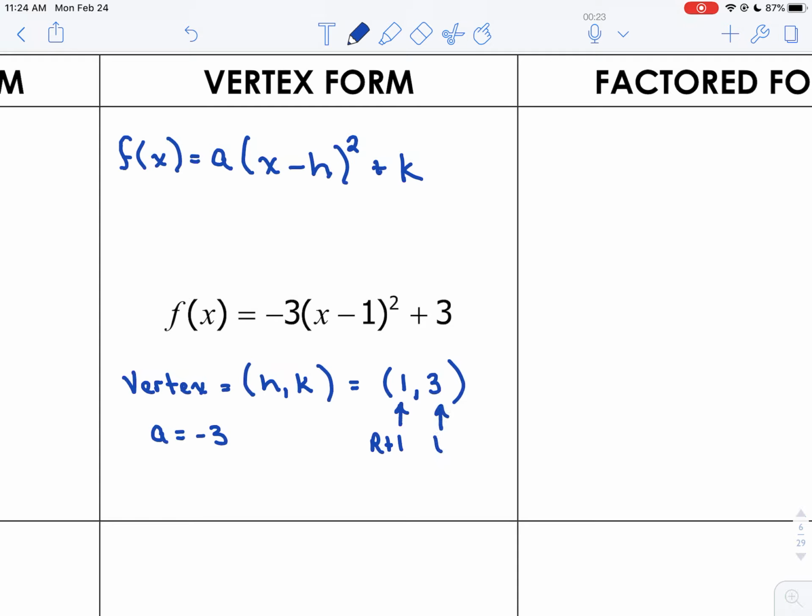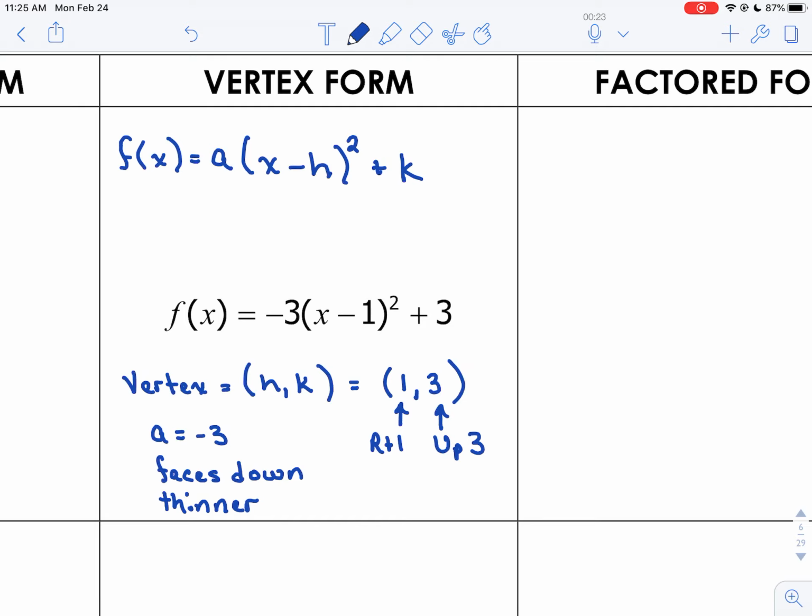This value here tells us that we moved up 3. And for this a value, the negative portion tells us that it faces down. And the fact that it's a 3, which is greater than 1, tells us that it is thinner than our parent function.